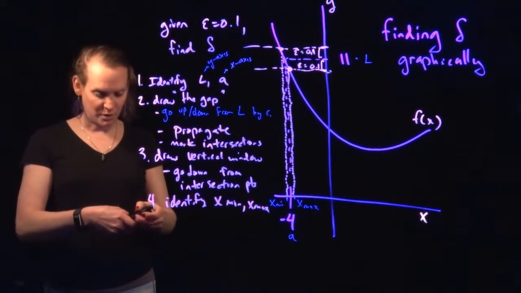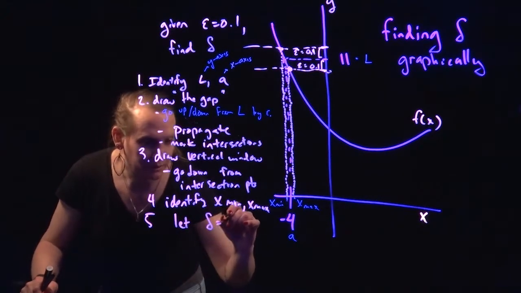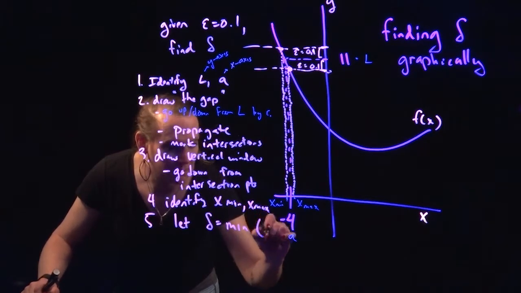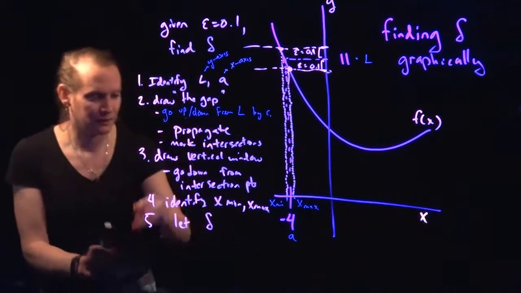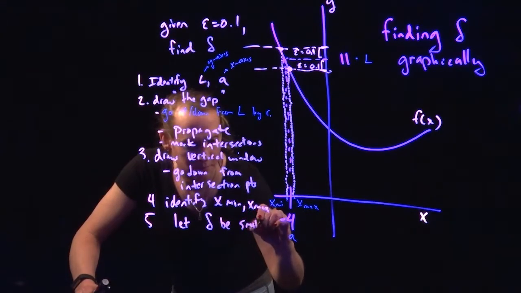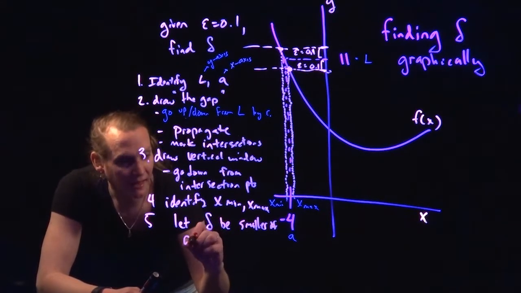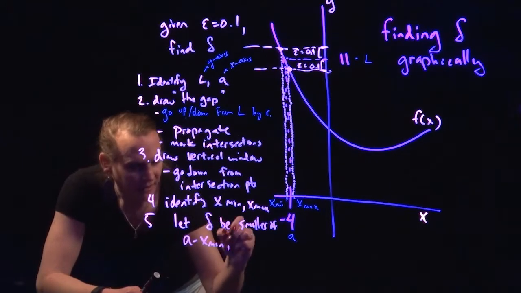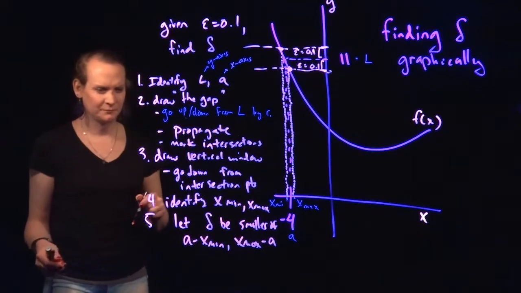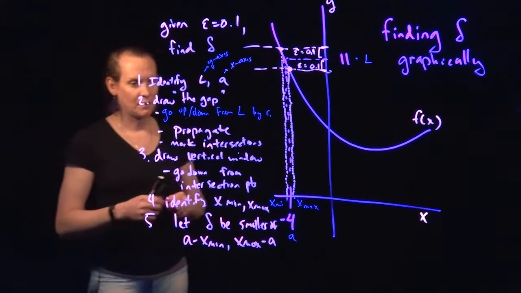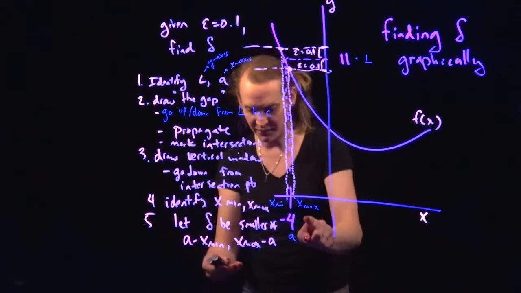And then I'm going to let delta be equal to the minimum of, I'm going to let delta be the less of, delta is going to be the smaller of a minus x sub min and x sub max minus a. Those 2 values.